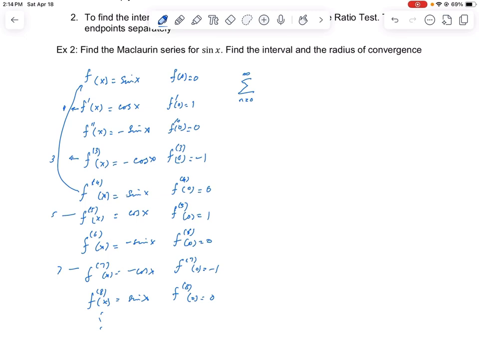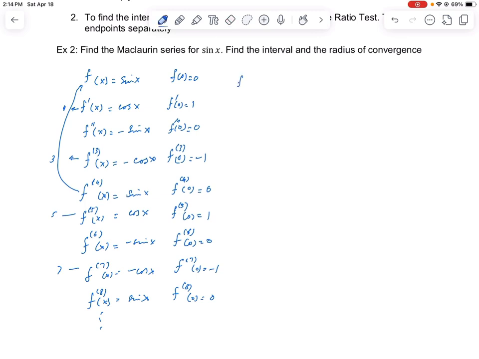But in this case, it's not going to work, because some of these are zeros. So maybe we should start by writing the first few terms.